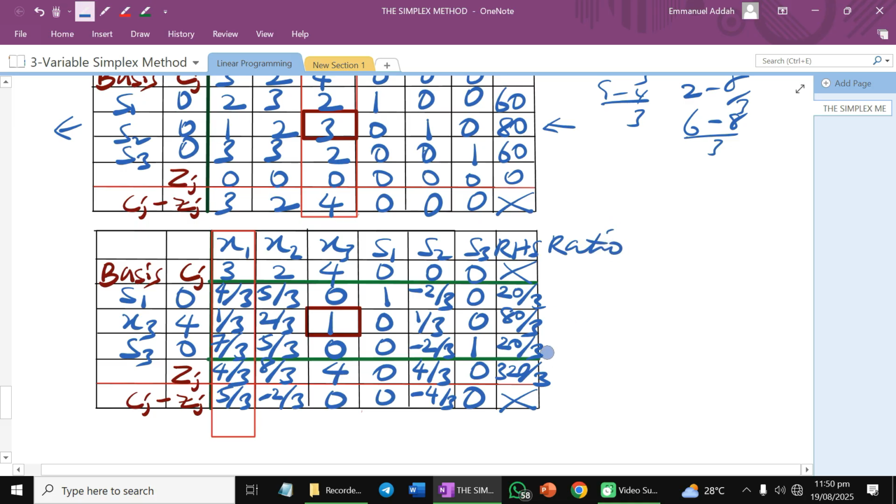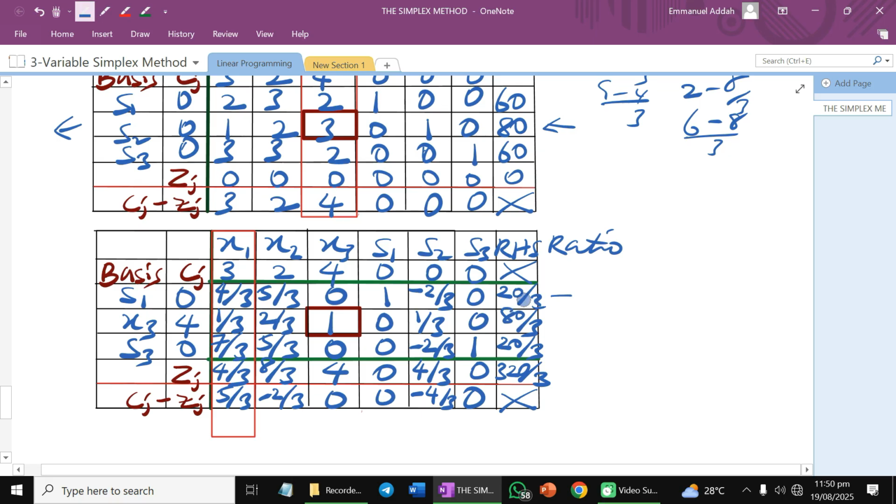Meanwhile, as you divide the right-hand side by each element in the pivot column, you ignore values that are 0 or negative. Any value that is 0, you don't divide it, it's ignored. But in this case, we don't have any 0 or negative value here.